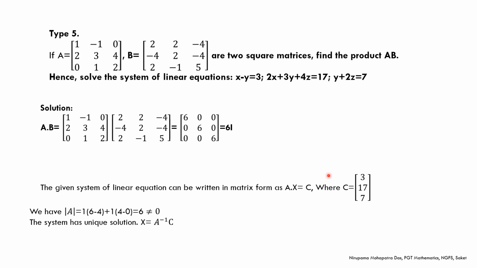It is because, see the question: find the product AB, then solve. It means this A inverse is to be found from the first part, I mean AB equal to 6I. From this result you have to find A inverse. Let's see.